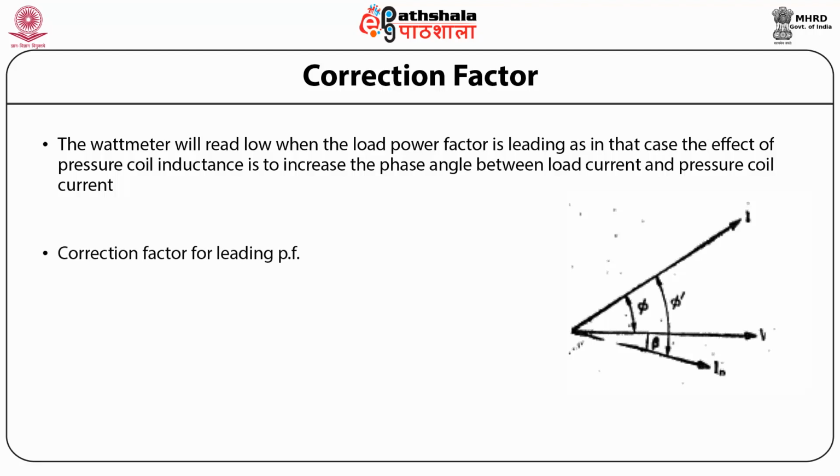Thus, the correction factor for leading power factor is given by cos phi divided by cos beta multiplied by cos phi plus beta.